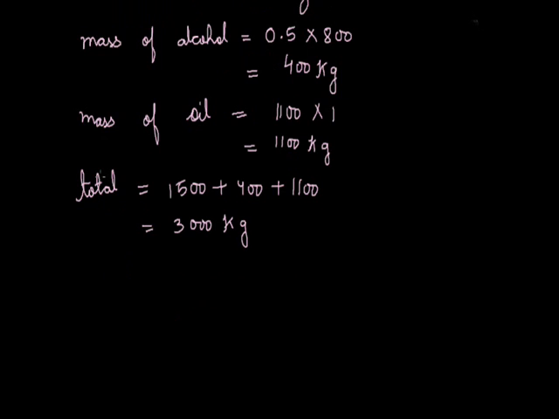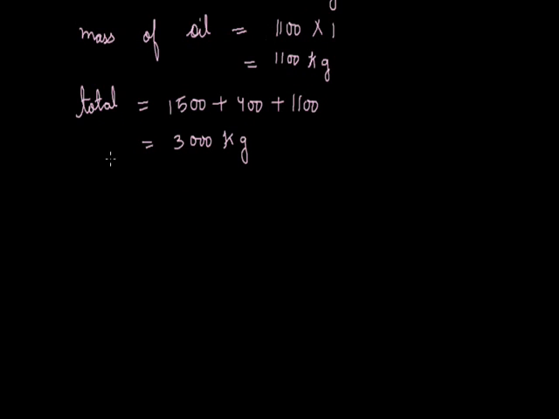Now, we have got the total mass. We can also calculate the total volume by adding the volumes of all three: 1.5 of water, 0.5 of alcohol, plus 1 of oil. Hence, the total volume comes out to be 3 meter cube.